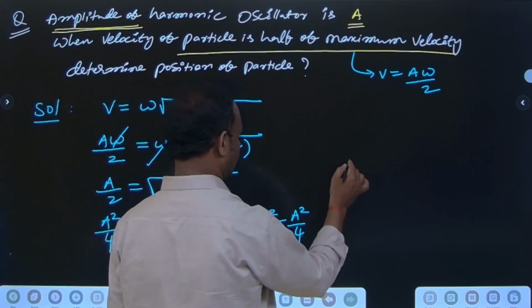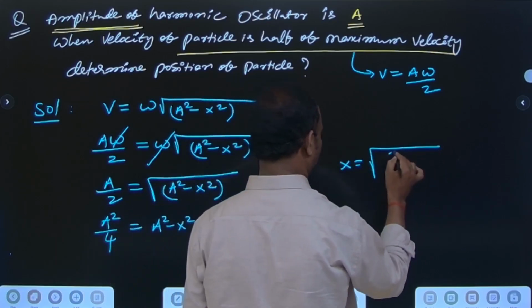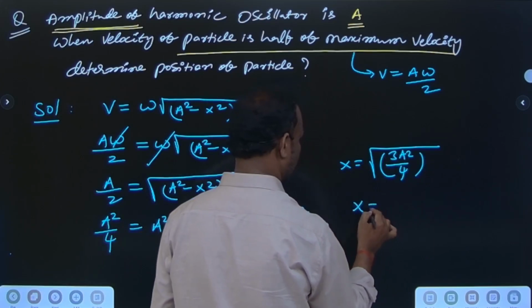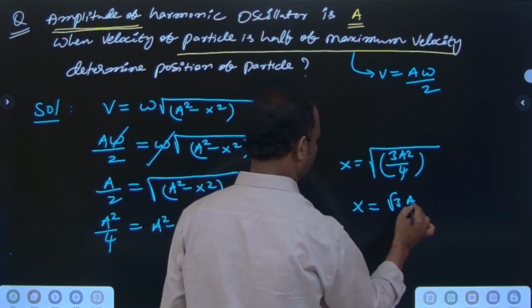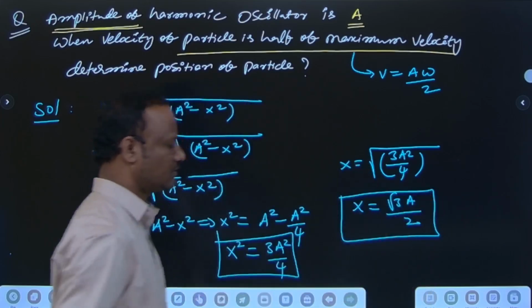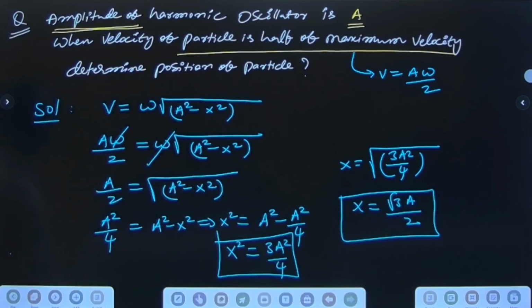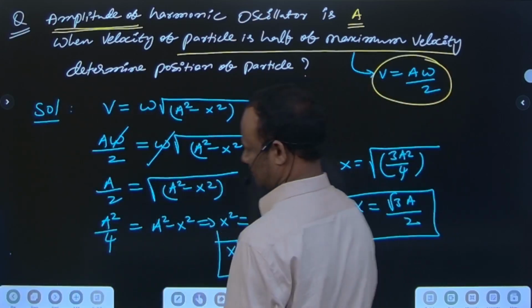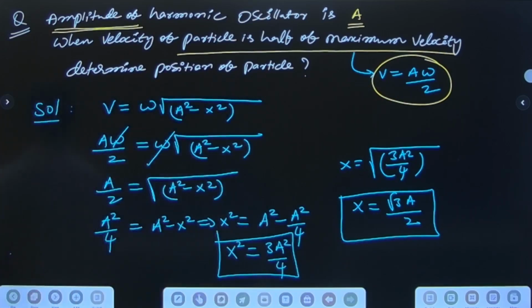Then x is equal to under root of 3A square by 4, so x is equal to root 3 A by 2. This is the position at which the velocity is half of the maximum velocity, as given.